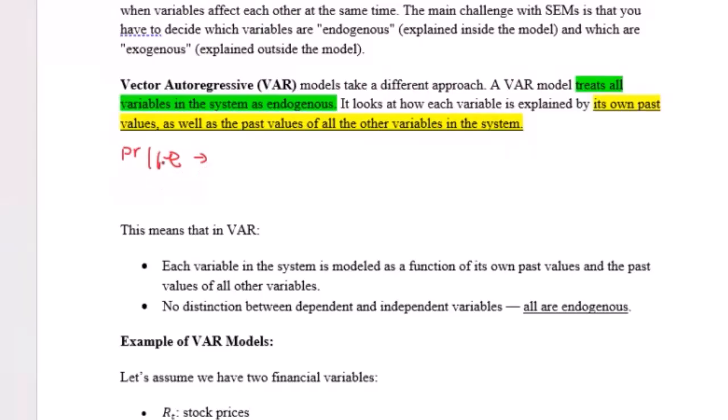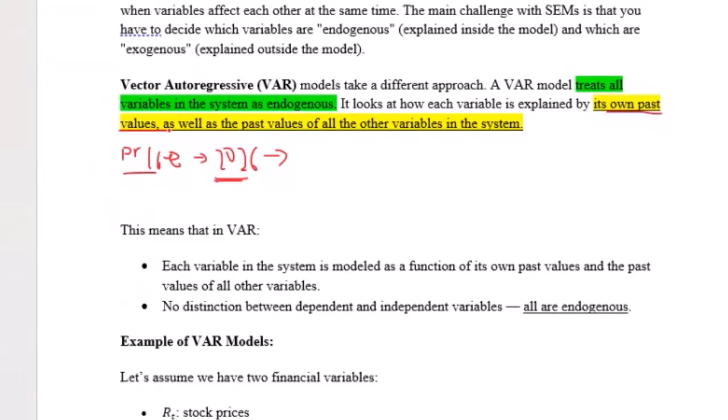So if we want to see the price of 2026, you will see how this price of 2026 is affected by the price of 2025, the price of 2024, the price of 2023, etc. That's why we are saying it looks at how each variable is explained by its own past values.